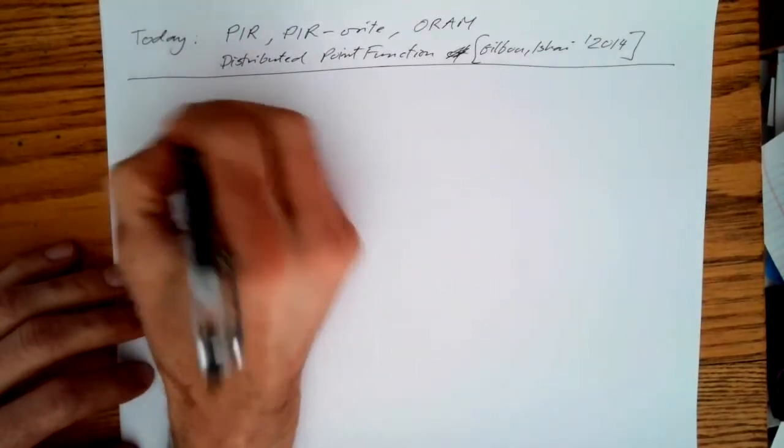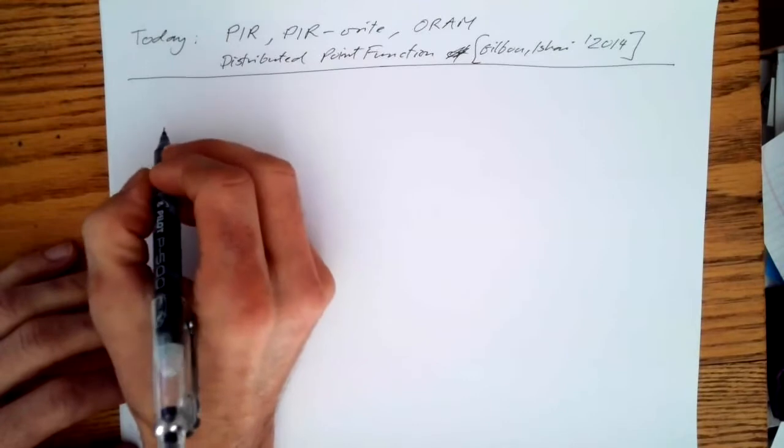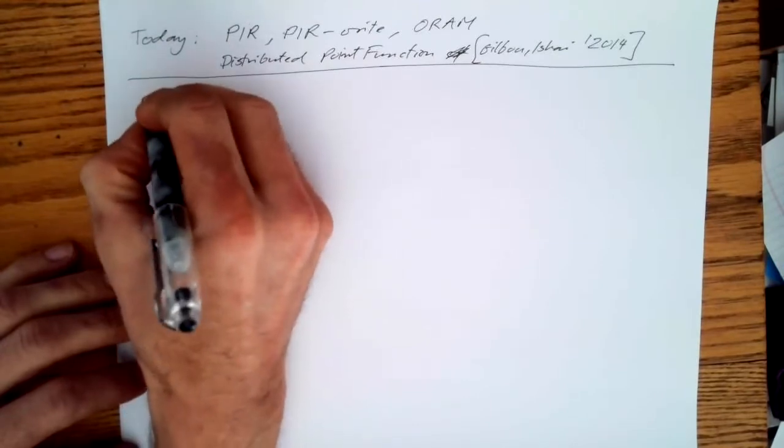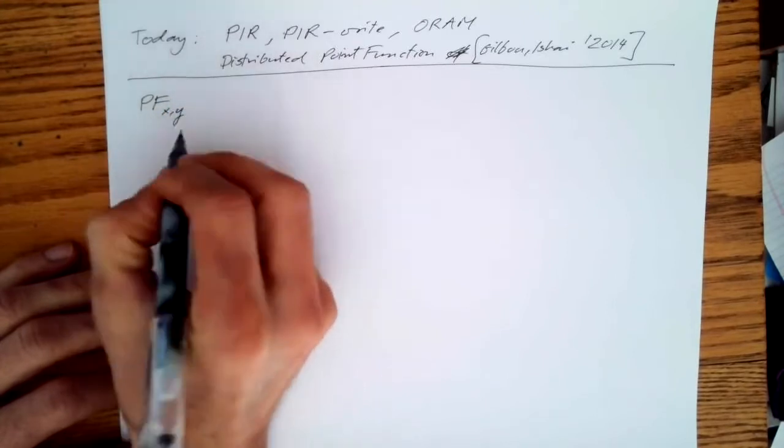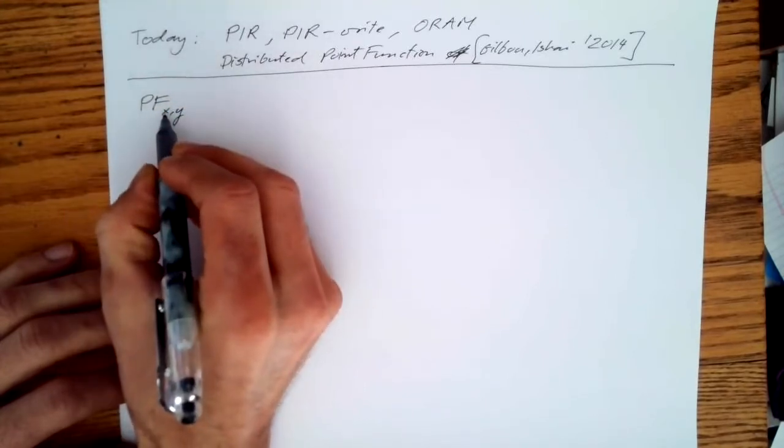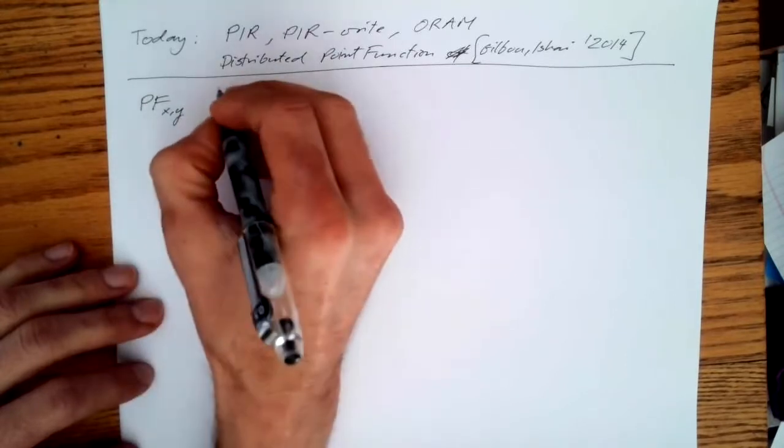So first of all, what's a point function? Before we start with a distributed point function, a point function is defined by an element in the domain and an element in the range.